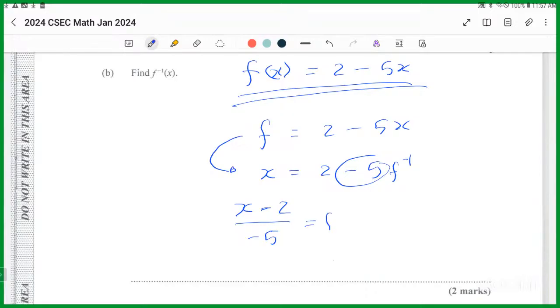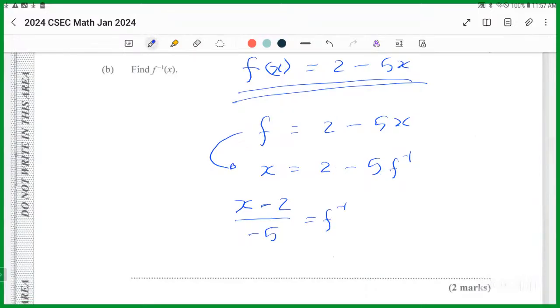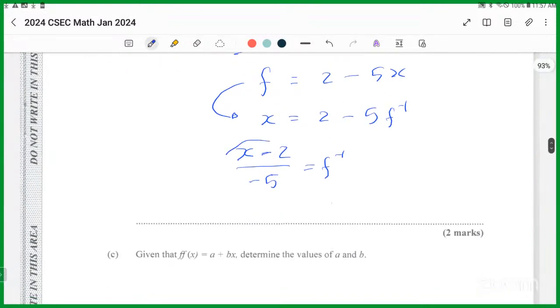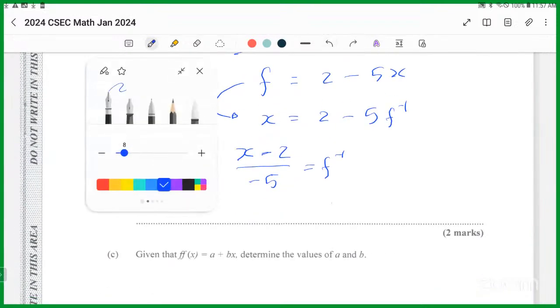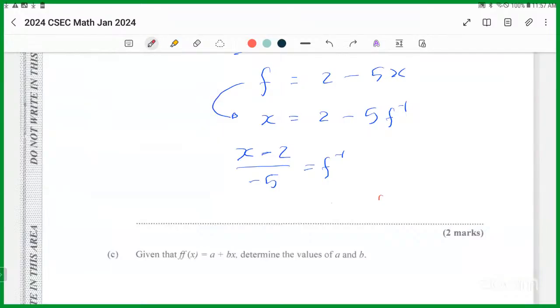That's f to the minus 1 left as the subject. Right? That is it. F to the minus 1 of x is now equal to this. Put down the answer in red. So I can write that f to the minus 1 is now equal to x minus 2 over negative 5. Okay, I'm putting x right here.